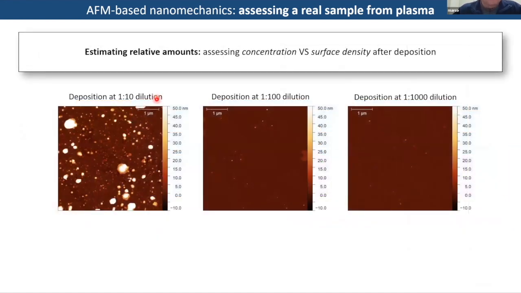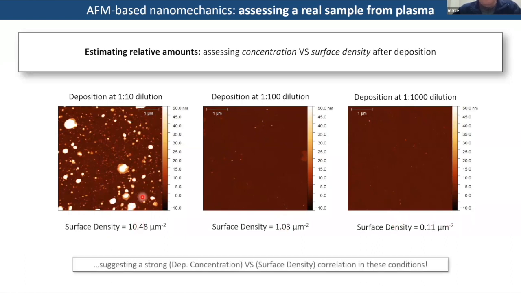Well, by taking a mixed sample and doing successive dilutions, and checking that the surface density of particles at the AFM gets reduced in the same way. So there seems to be a strong correlation between surface density on AFM images and concentration in solution of the original sample.